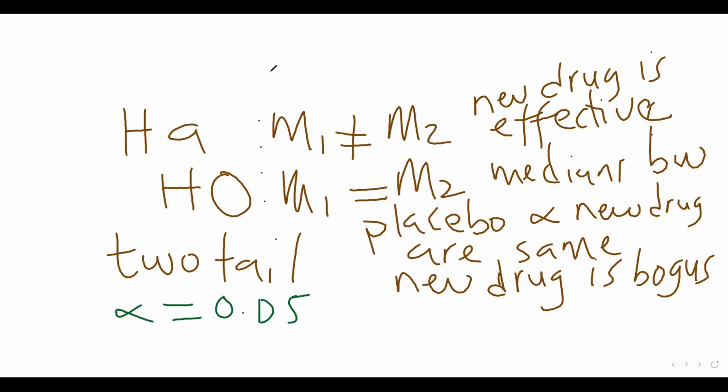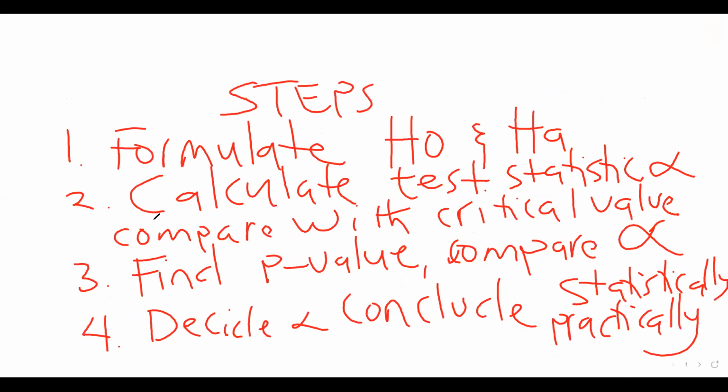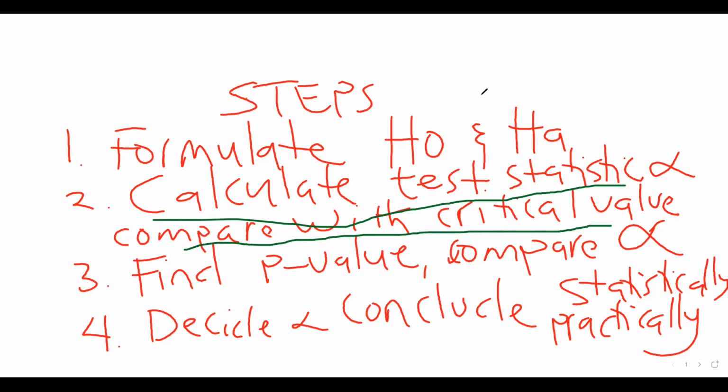Now you've been able to set up yourself with step one. Let's go to step two. In case you forgot, step two is calculate the test statistic and then compare it with a critical value. Somebody says, what if you are given a confidence level? You will never be given.